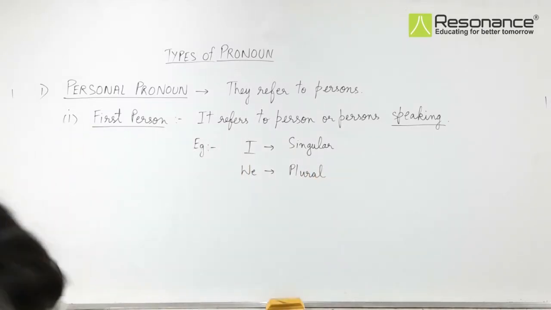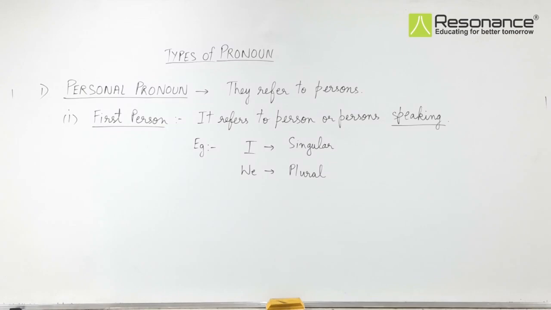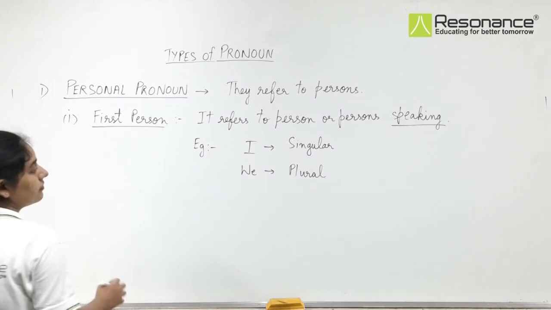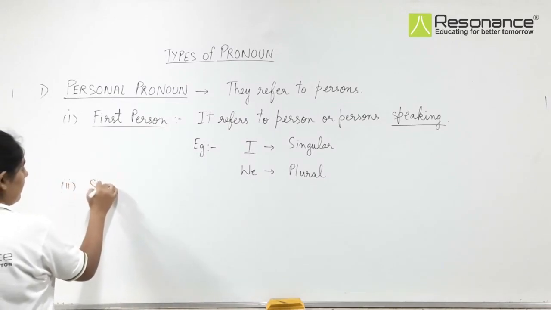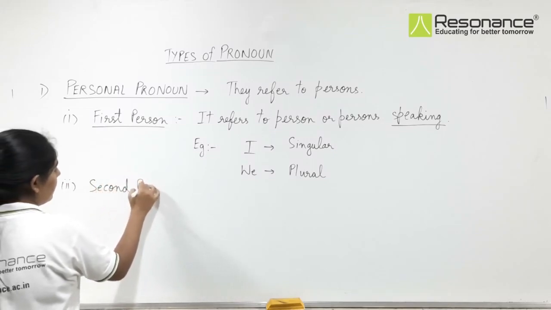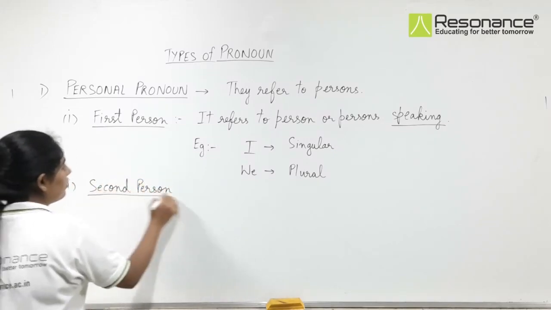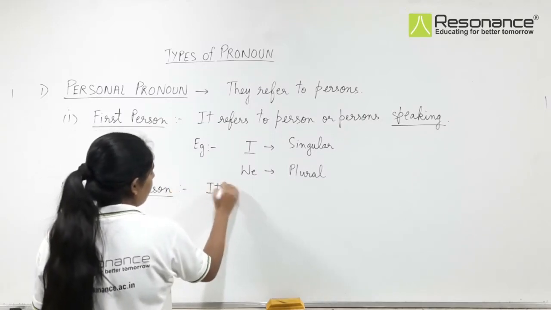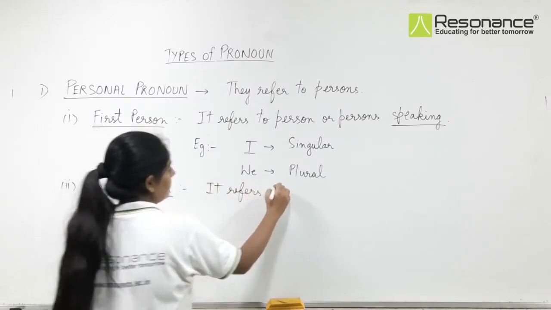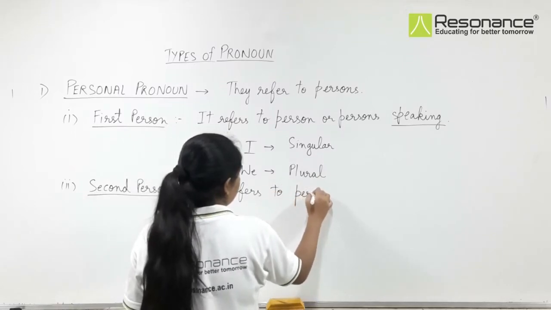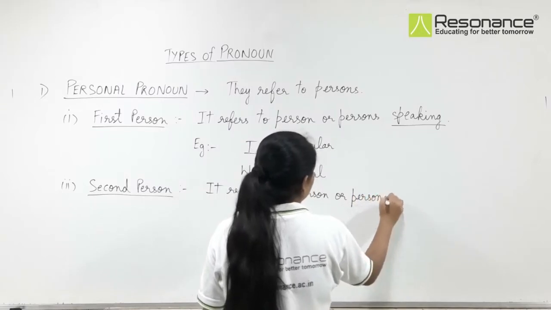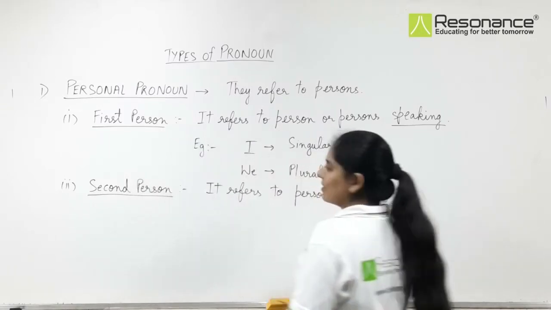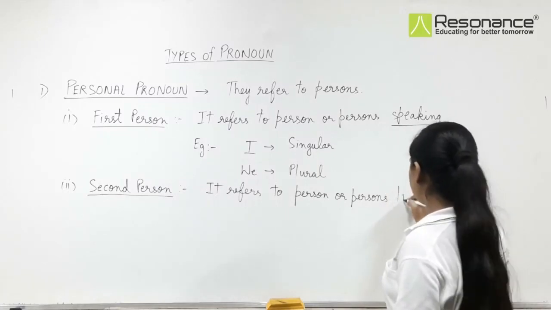Okay. And now the second category is the second person. If we talk about second person, it refers to person or persons, that is singular and plural, both cases exist, listening.